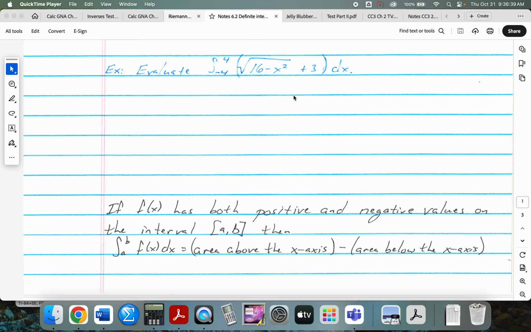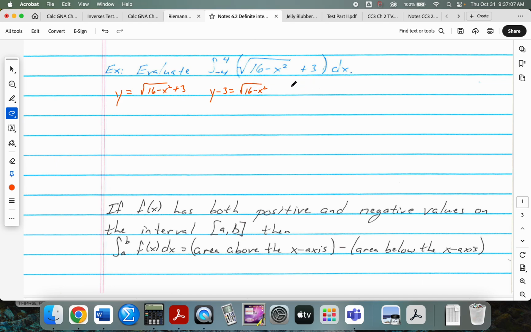And here's the deal. If we have y equals the square root of 16 minus x squared plus 3, if you were to subtract 3 from both sides, you get y minus 3 is the square root of 16 minus x squared.